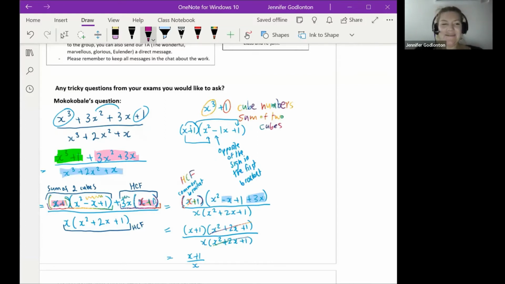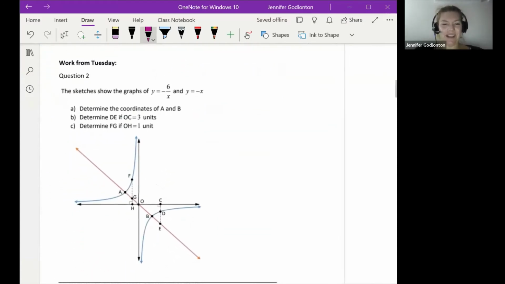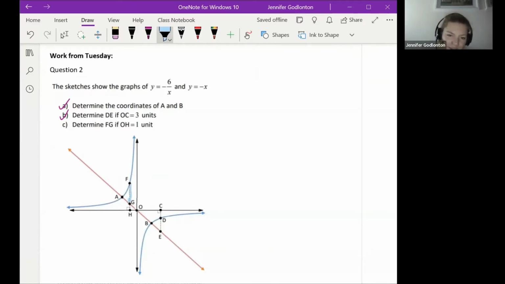Okay, let's move past this. So work from Tuesday, we were looking at this question over here, and we dealt with A and we dealt with B, so C was the last one that we wanted to look at. Let's talk this through a little bit. C is saying determine FG, so that's this line over here, if OH is 1 unit.